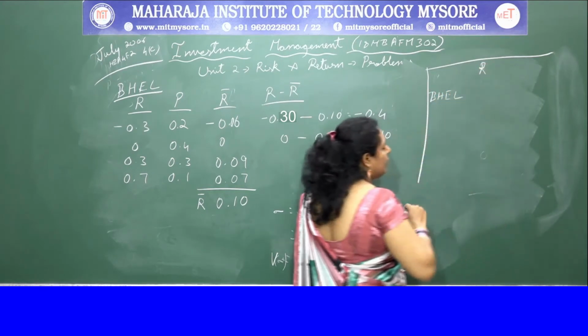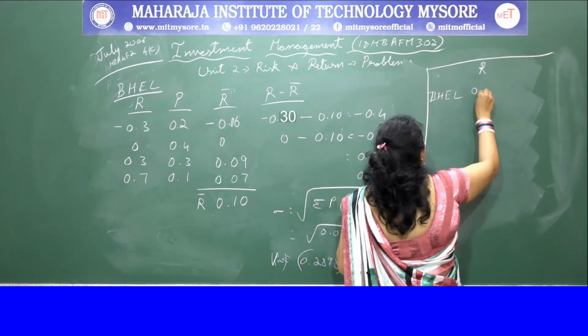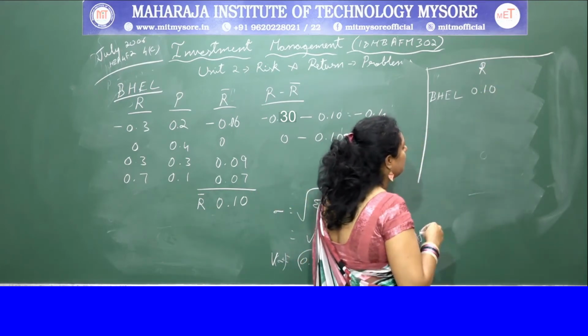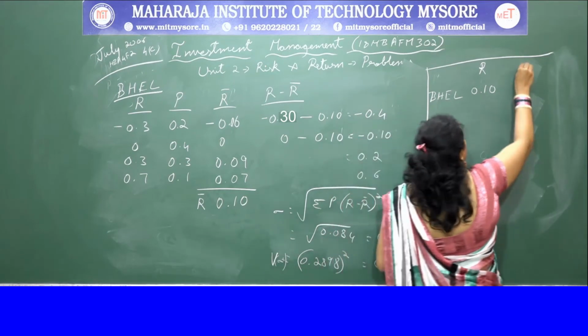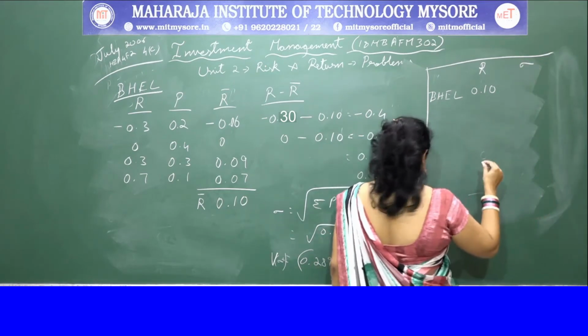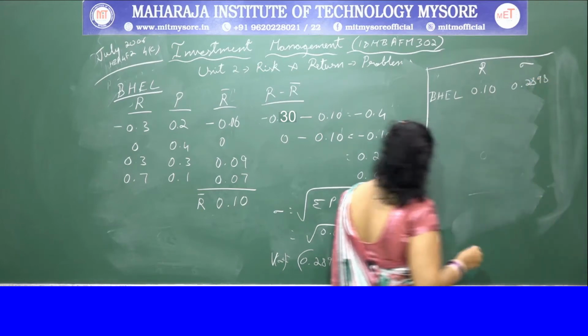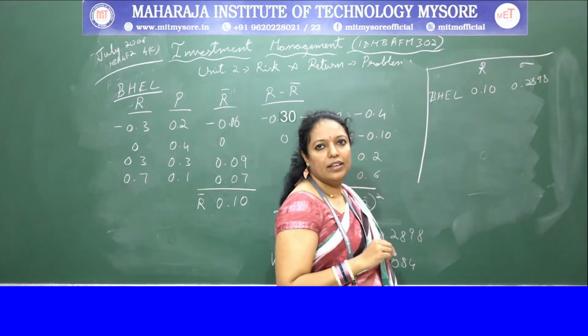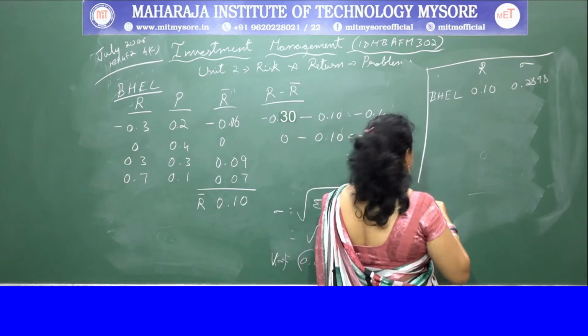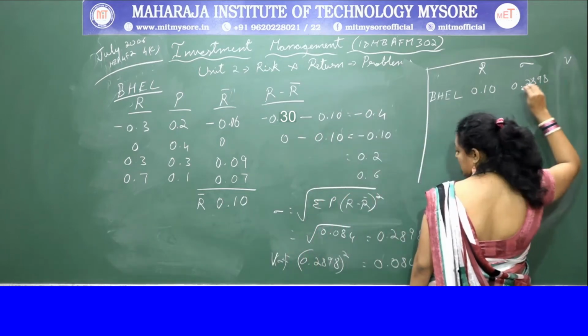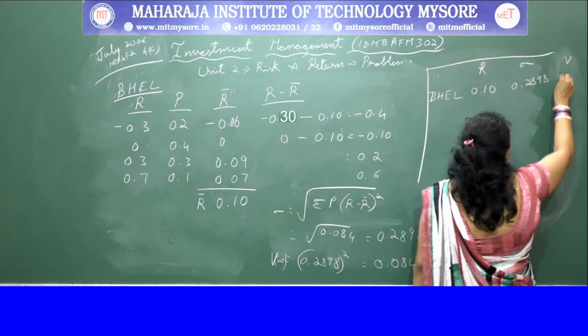Return I'll put here. Return is 0.10. Okay, and standard deviation is 0.2898. Okay, and the last one, that is variance, is 0.084.